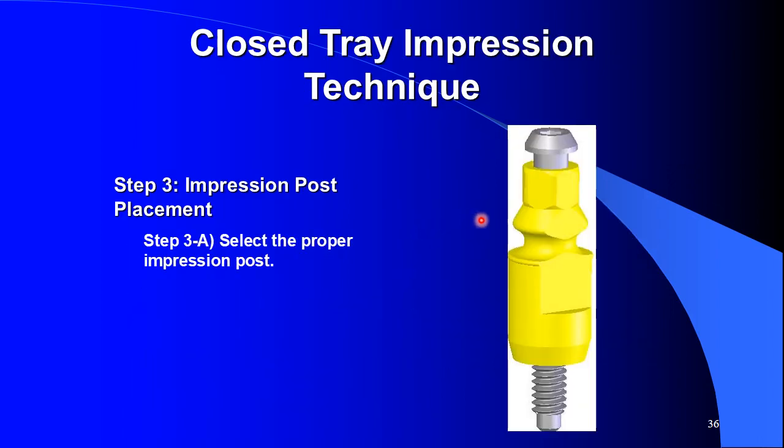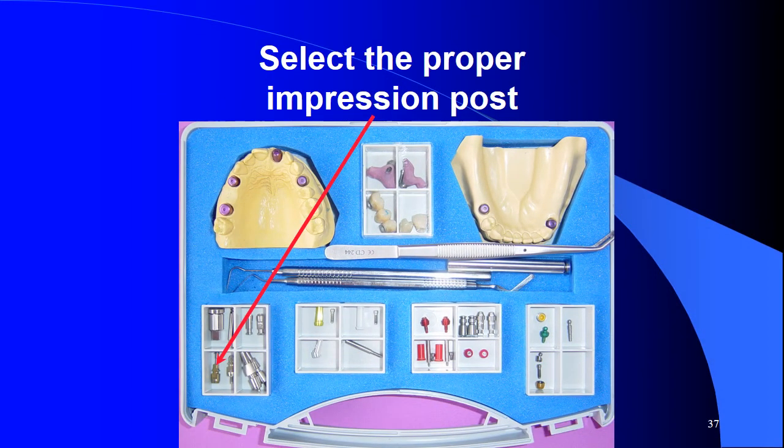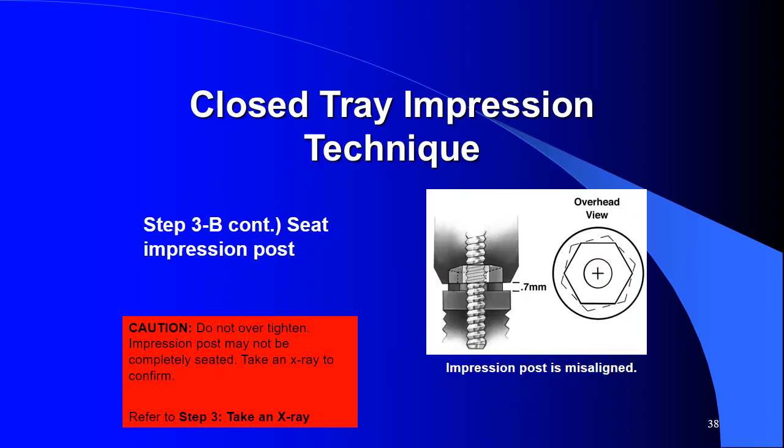We put the impression post. We select the proper impression post that has the same or a suitable diameter for the fixture from the data sheet. We seat the impression post inside the fixture in the opening, and then take an X-ray to see if it is fully and properly seated.